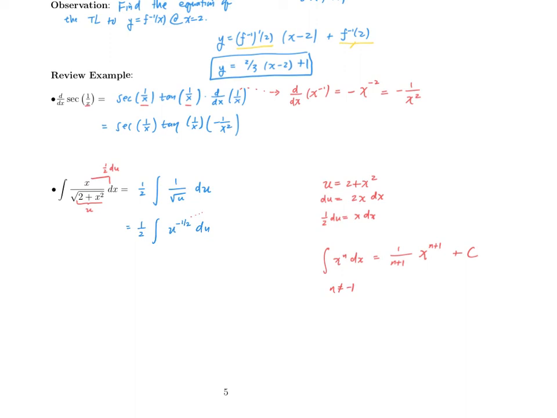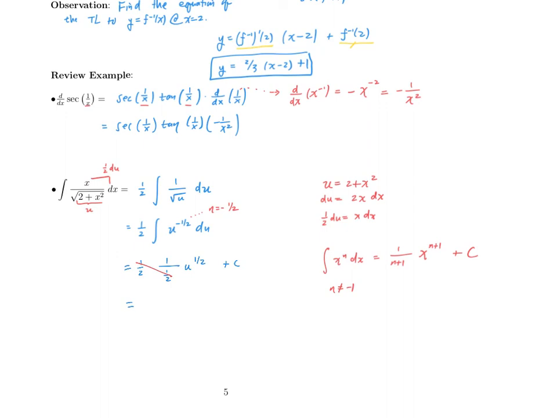In our case, we have n equals minus 1/2. So we have the 1/2 hanging around out front, and then we have our antiderivative. Minus 1/2 plus 1 is 1/2, and we put a plus c. So we have a 1/2 over 1/2, which cancels. And recall, when we are using a substitution to solve an indefinite integral, our last step is to always resubstitute.